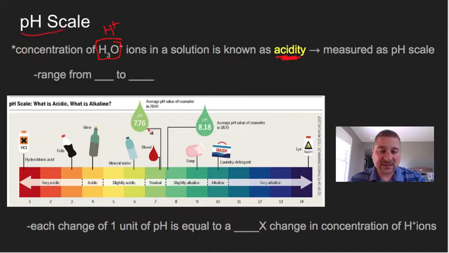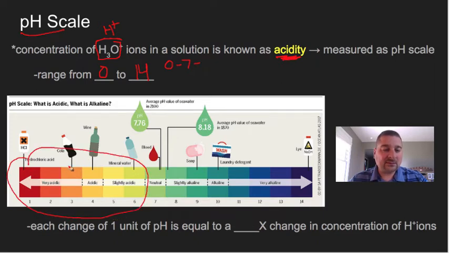Down here is an example of the pH scale, giving you some examples of common items. The pH scale ranges from 0 to 14. 0 to 7, this region right here, are known as acids, or the acidic end of the pH scale.